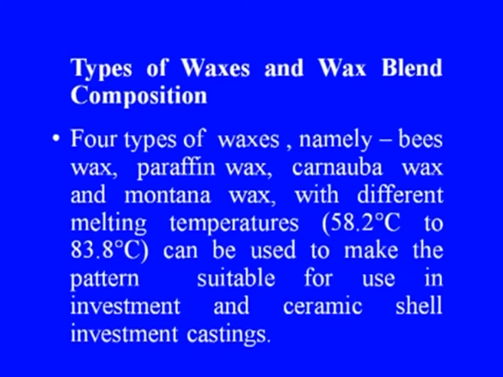Types of waxes and wax blend composition. Four types of waxes, namely beeswax, paraffin wax, carnauba wax and montan wax, with different melting temperatures ranging from 58.2 degrees Celsius to 83.8 degrees Celsius, can be used to make the pattern suitable for use in investment and ceramic shell investment casting.